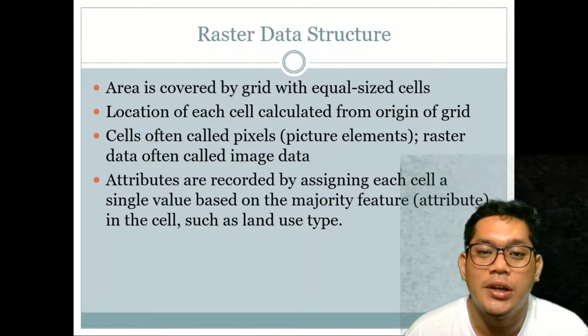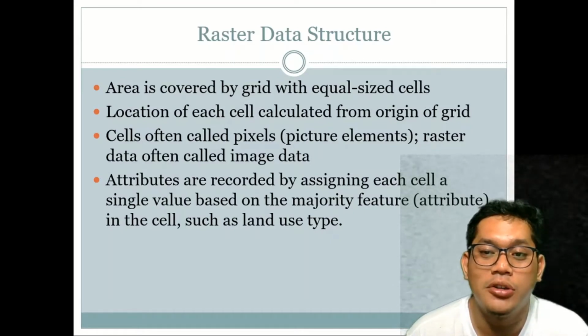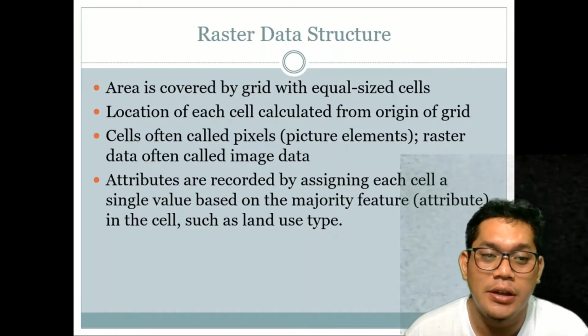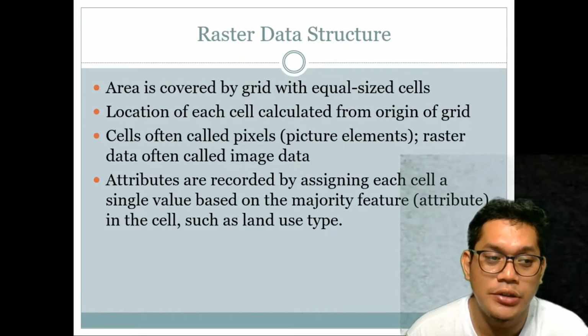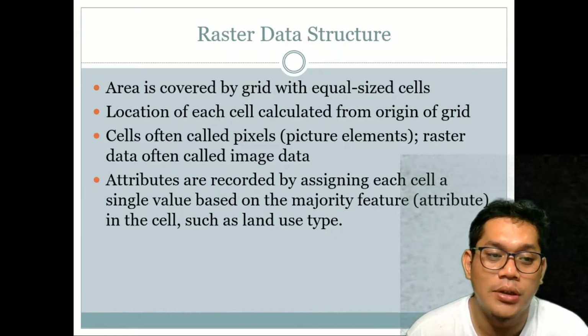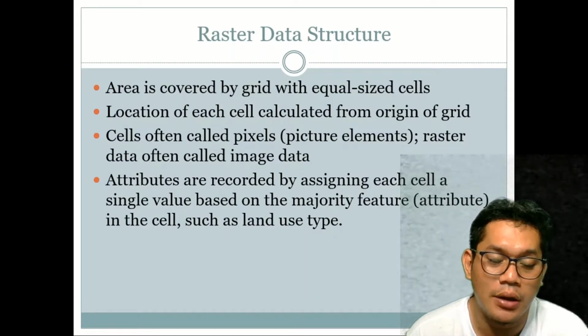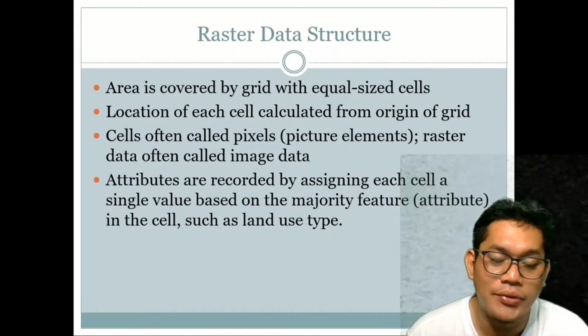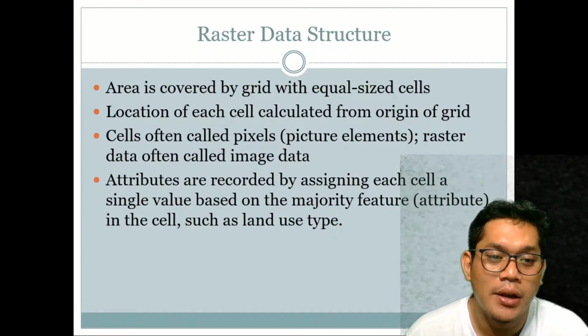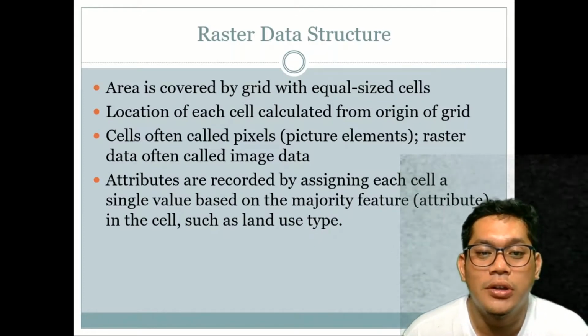And the location of each cell would be calculated from the origin of the grid. Basically the zero point of the grid will be from the left side, further down from the left side will be the origin of the grid, and those cells are often called pixels.